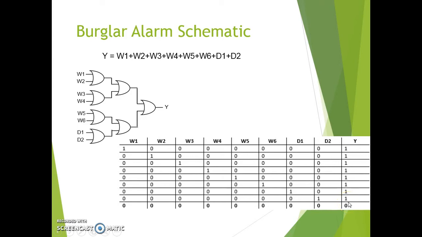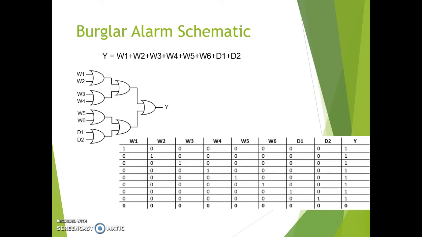Now there's something interesting to note here. This is not a complete truth table. Why not? Pause the video for a second and see if you can figure out why this is not a complete truth table. Okay, hopefully you worked out the answer. The answer is we could have more than one sensor triggering on. So there are in fact many, many more potential combinations for our circuit that we haven't considered here.